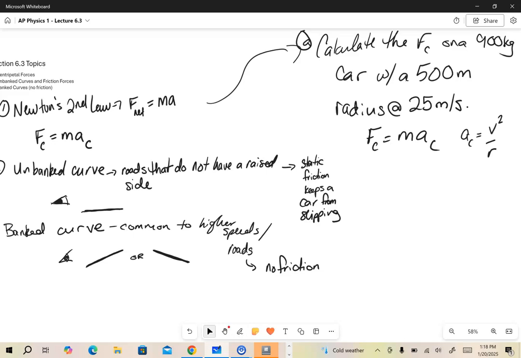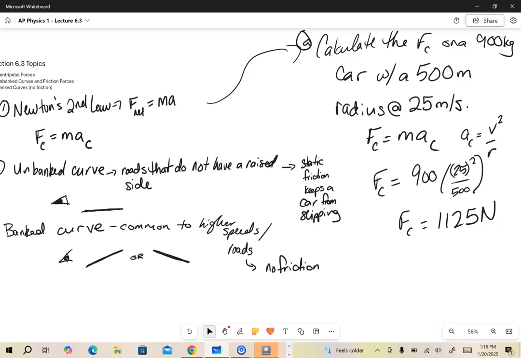Because we weren't given an acceleration, we have to calculate it. Plugging in our values, we get 900 times 25 squared over 500. This comes out to be about 1100 newtons, give or take.